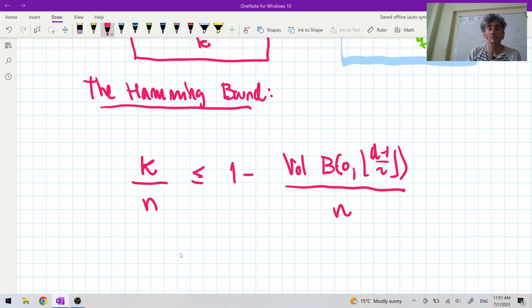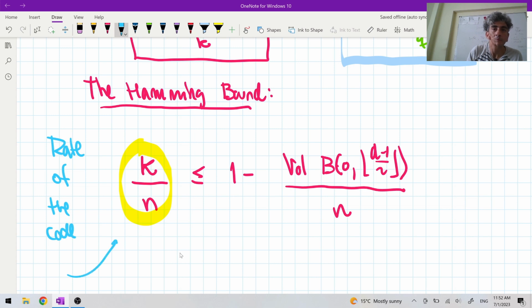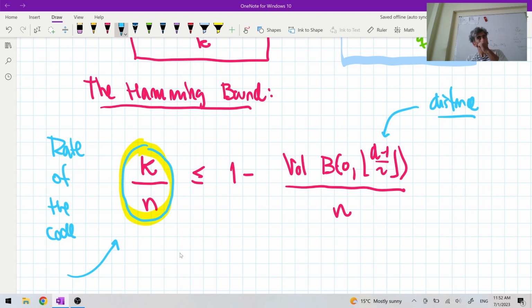This is a trade-off between this quantity, which is called the rate of the code, which is the message length divided by the block length, and the distance. The rate measures the actual message against the size of the whole table that we're transmitting.